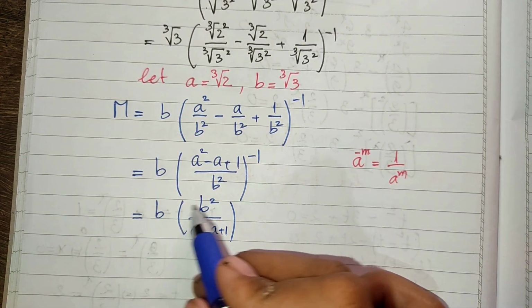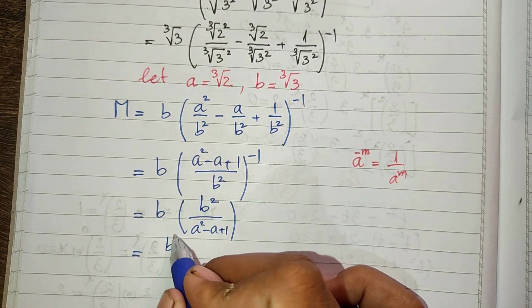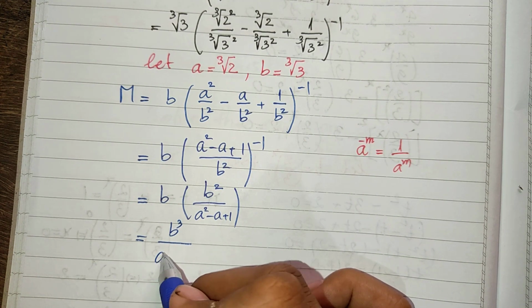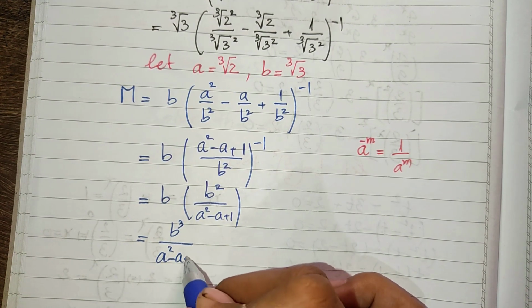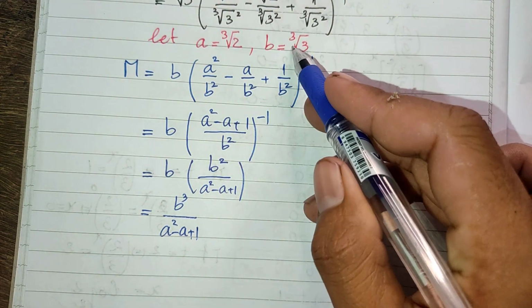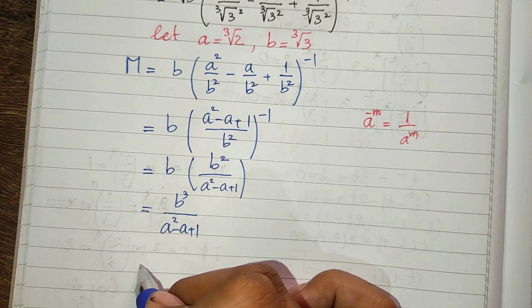Multiplying, it equals b to the power 3 divided by a squared minus a plus 1.